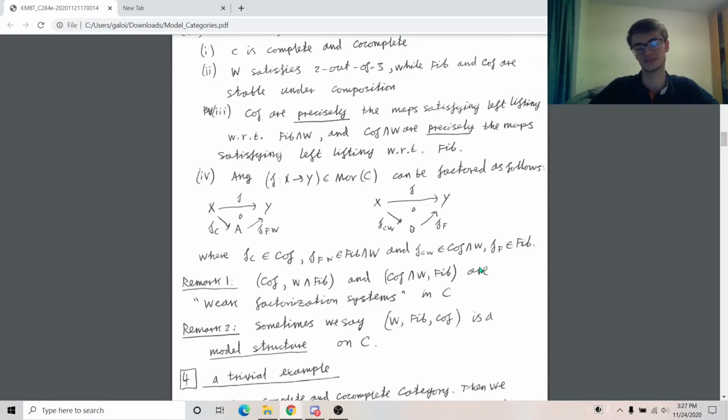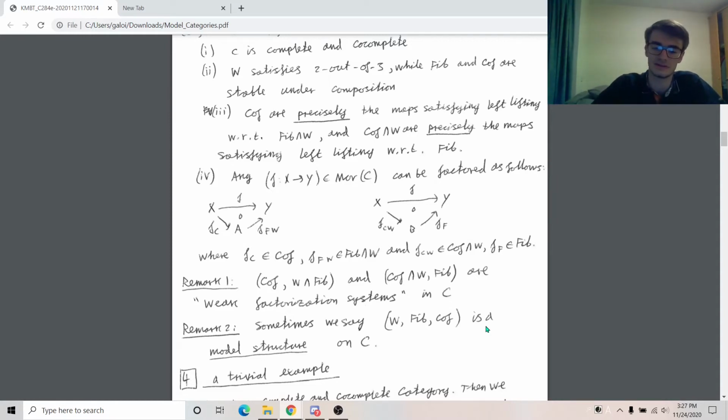Weak factorization systems are just two collections of maps in a category that satisfy these lifting and factorization properties. And sometimes when we have three collections of morphisms, W, fib, and cof, which identifies C as a model category, we say this is a model structure on C, because a category can have many model structures, not just one.